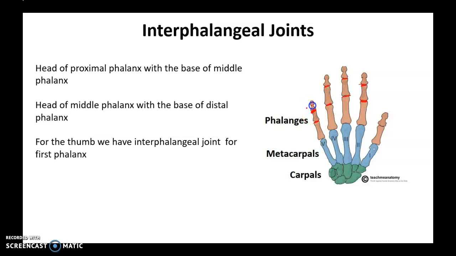This is the base of the distal phalanx. So these are interphalangeal joints. And in the case of the thumb, we have only one interphalangeal joint.